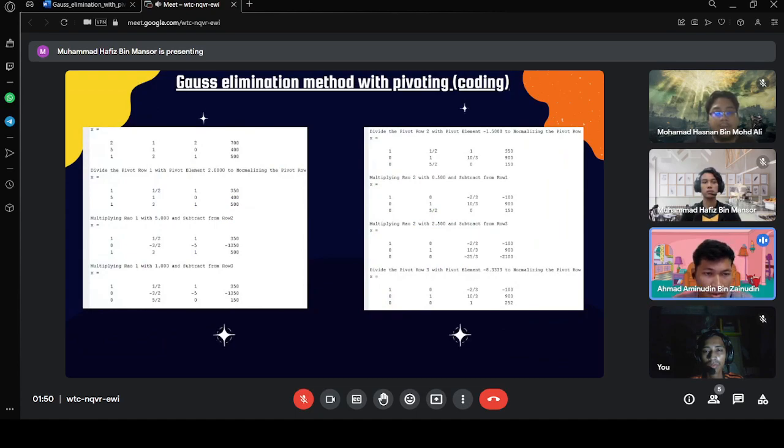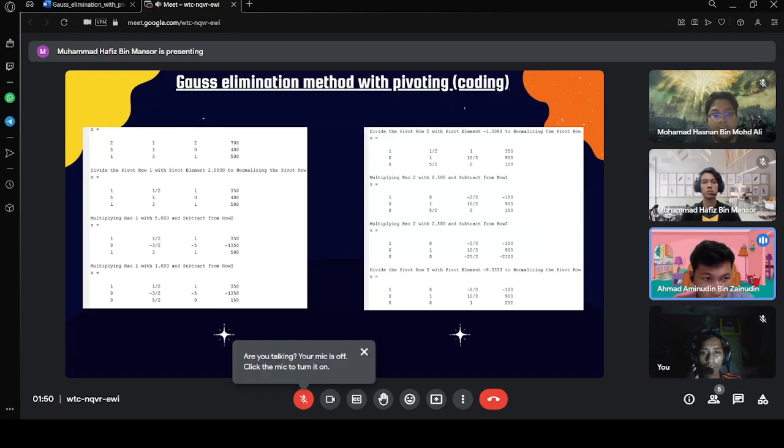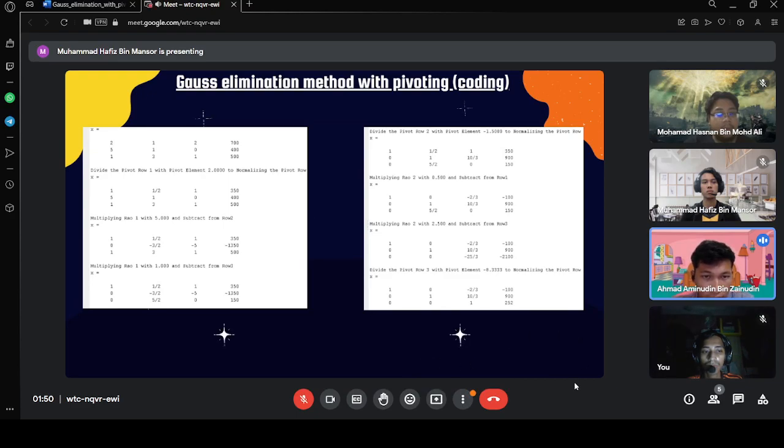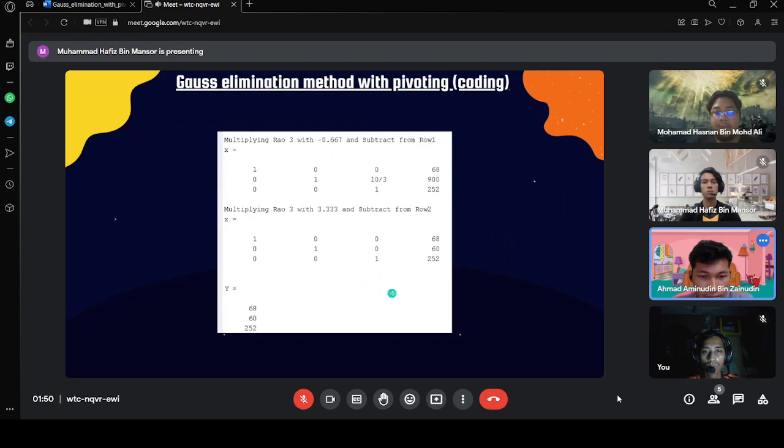So this is the result. I started by executing the data. The 2, 1, 2, 5, 1, 0, 1, 3, 2 is A, and the 700 is B. And then I swap the rows R1 and R2, and then I eliminate from R2, and then I divide the pivot row 1 with pivot element 2 to normalize the pivot row, and next select.